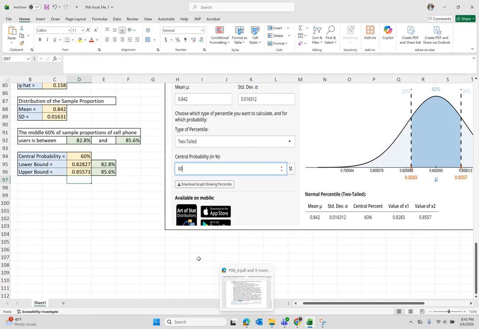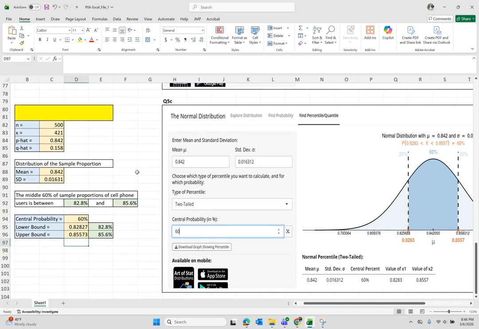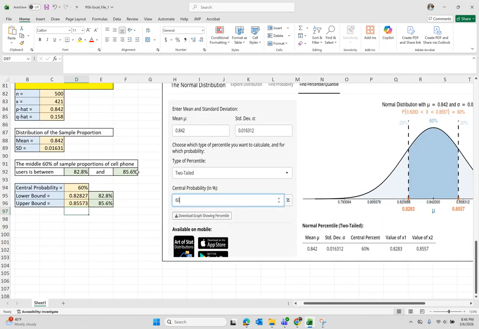So the question that we have to ask ourselves is, are these cells in column E that we calculated in Excel the same as the values that we found in Art of Stat and entered in row 92? And if they agree, then we have completed the project correctly.